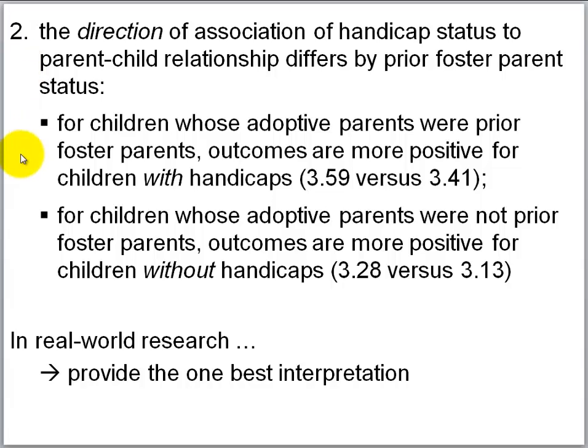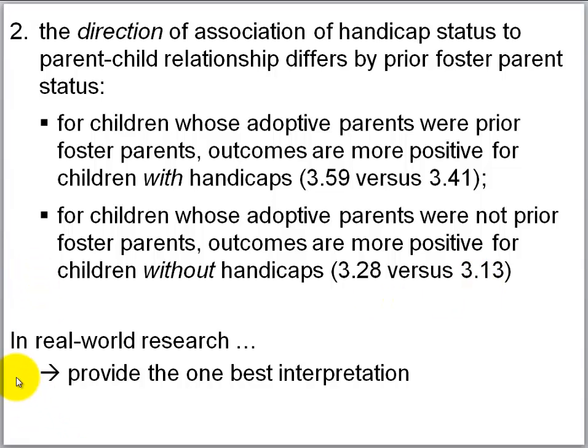For children whose adoptive parents were prior foster parents, outcomes are more positive for children with handicaps, 3.59 versus 3.41. On the other hand, for children whose adoptive parents were not prior foster parents, outcomes are more positive for children without handicaps, 3.28 versus 3.13.